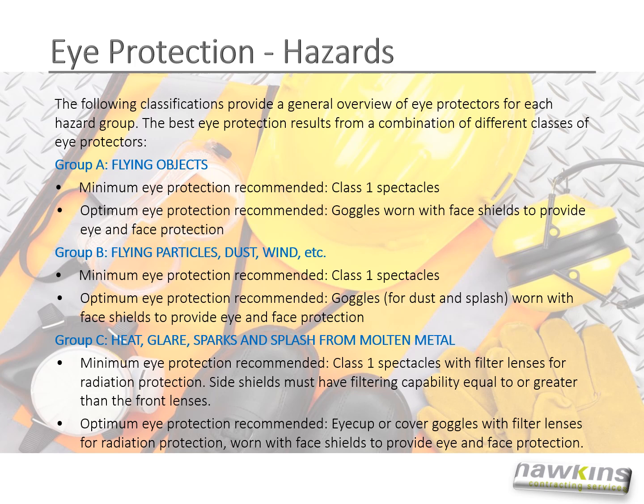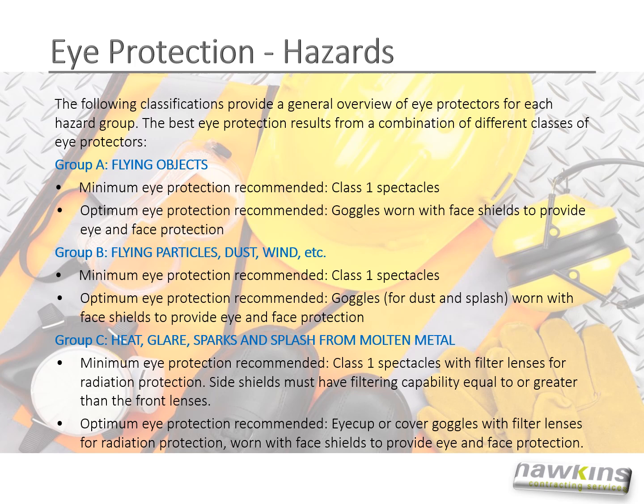Optimum eye protection recommended are goggles worn with face shields to provide eye and face protection. 2. Group B is for flying particles, dust, wind, etc. Minimum eye protection recommended is Class 1 spectacles. Optimum eye protection recommended are goggles for dust and splash, worn with face shields to provide eye and face protection.